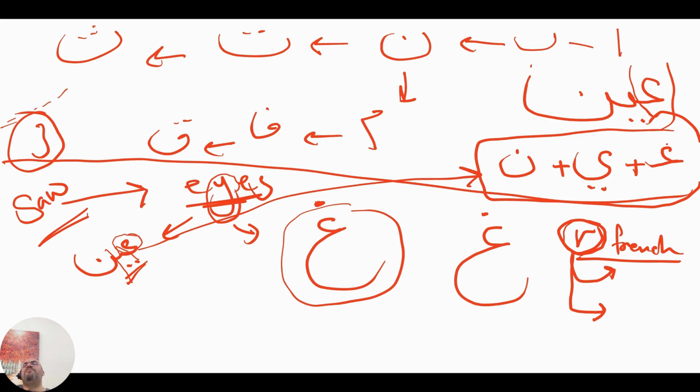The difference between the pronunciation of kha and ra is that the sound of snoring, if it comes from the down, it's kha. If it comes from the up of the palate, it will be ra. So this is the ra or ghain. Okay.